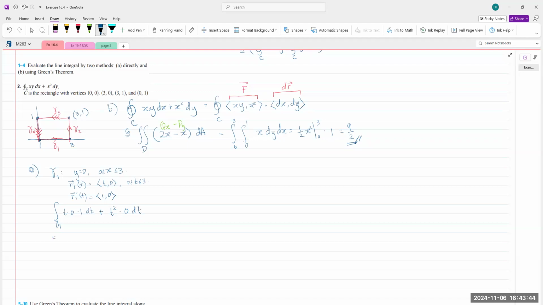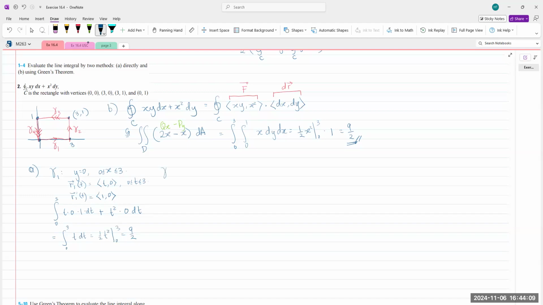This is the integral from 0 to 3 of t dt, which is 1/2 t squared from 0 to 3. That's 9/2 for gamma 1.